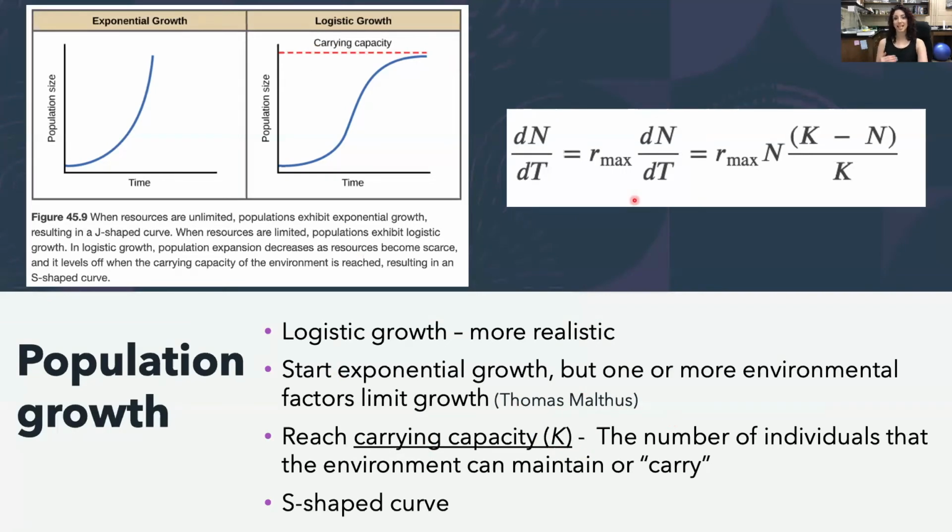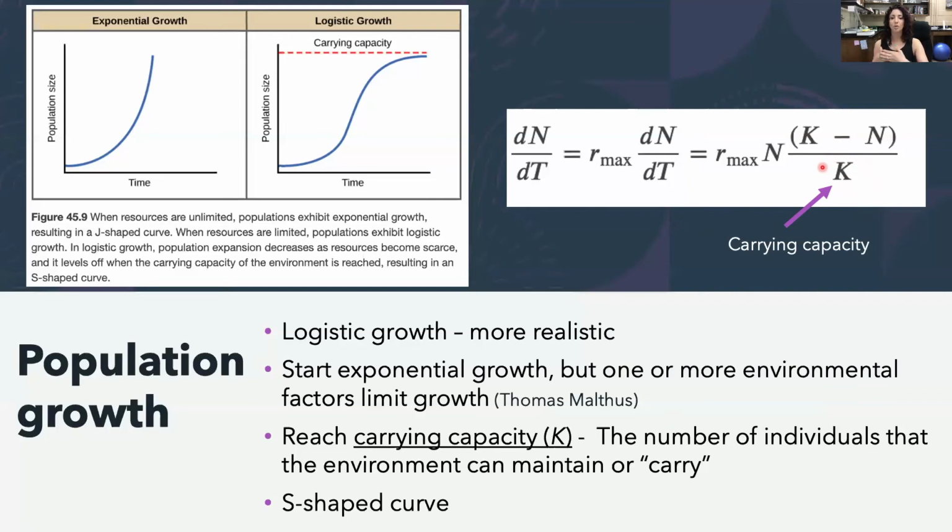We can represent in mathematical terms the logistic growth curve in this way with the introduction of a new term of K, the carrying capacity. So all of the terms remain the same from the previous slide, but this K, carrying capacity, is a very important one. It works hand in hand to define what population growth is going to be slowed by.